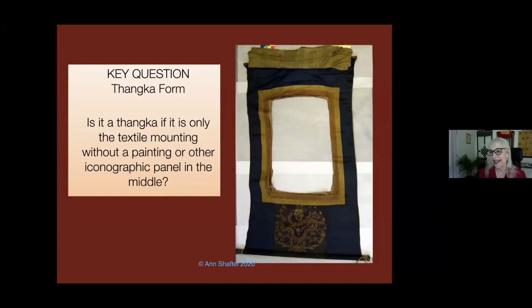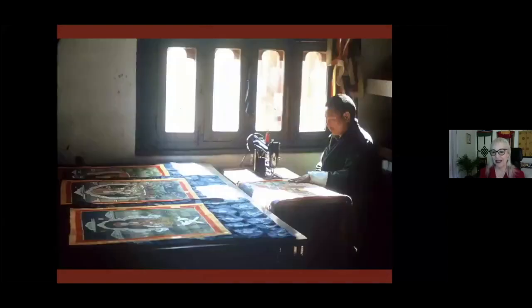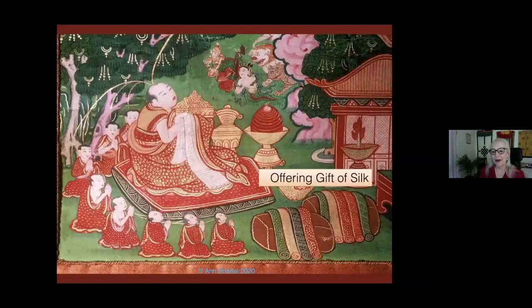They were given to me, and I find them so important because they hold the history of textile technology through centuries. The master tailor was as high-ranking in society as the master painter. These days, unfortunately, thangka paintings are sewn in by machine. The tension's all wrong. In many paintings at the bottom, you'll see a traditional gift of silk to show that silk was highly prized.